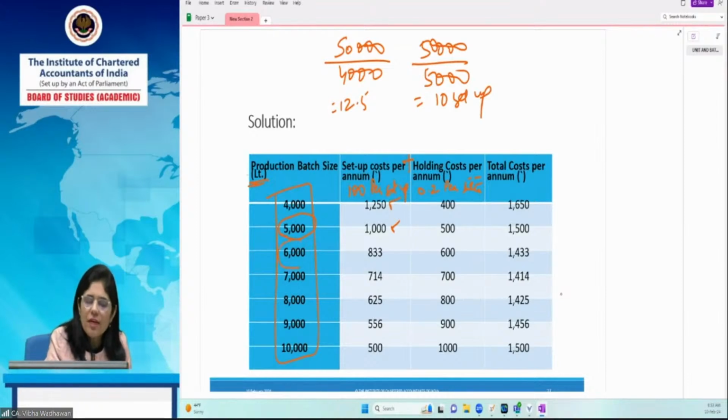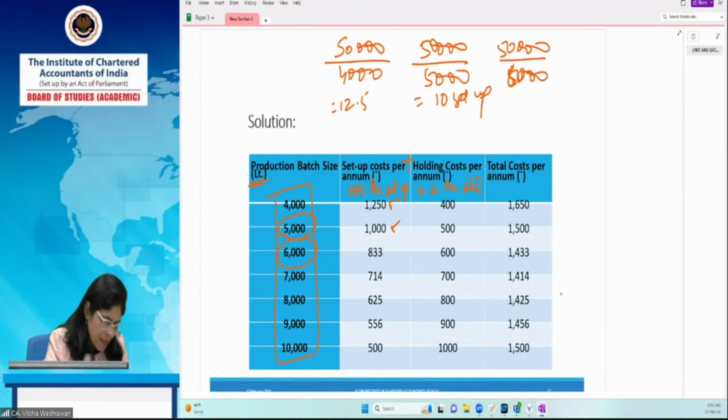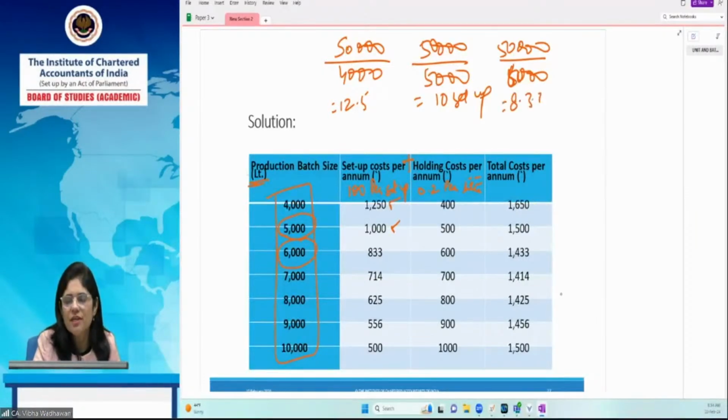If we produce 6,000 liters in one setup, how many setups do we require? 50,000 divided by 6,000 is 8.33 setups.